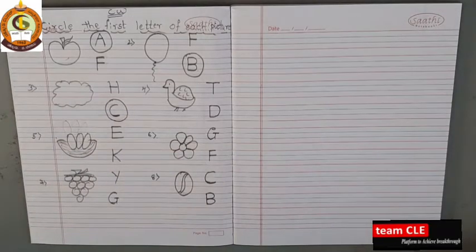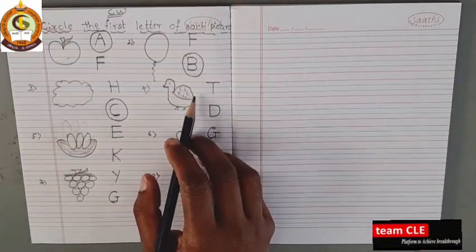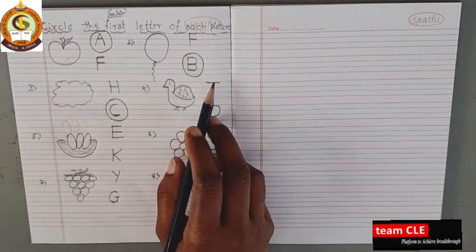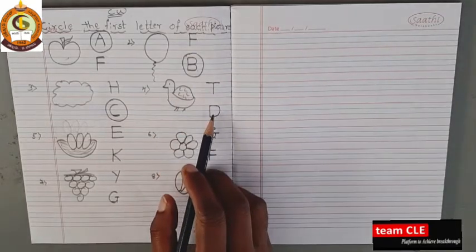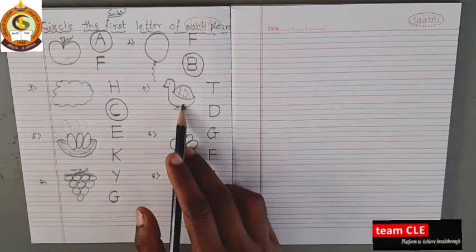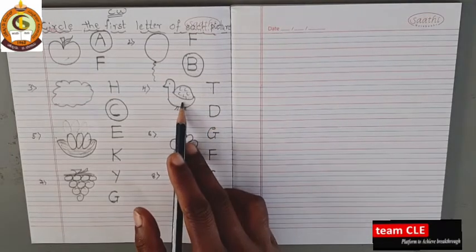Okay. So next picture is what? Duck. What is the first letter of duck, T or D? T for duck or D for duck?